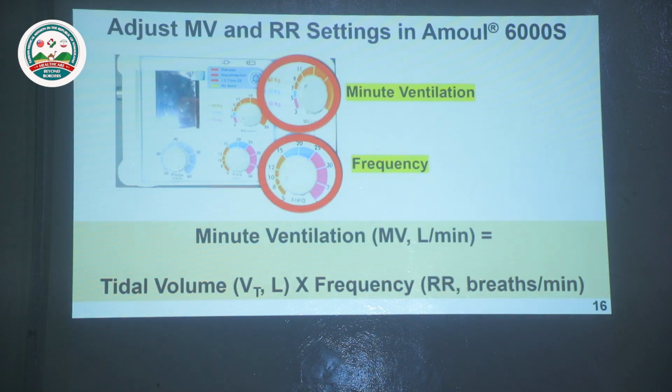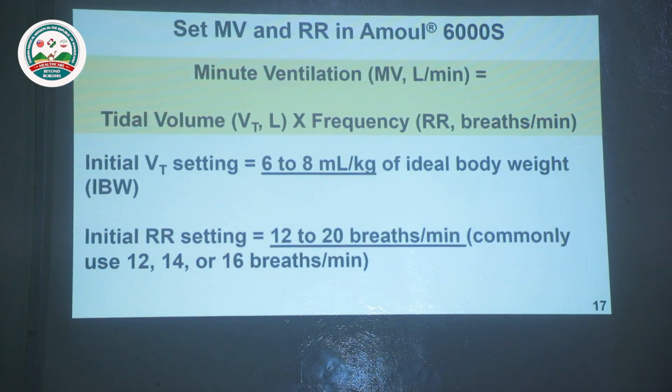Okay, so I will talk about how to do the calculation to set a specific tidal volume for the patient. For this ventilator, we need to adjust minute ventilation and frequency over here. They have one equation showing here: minute ventilation equals tidal volume times respiratory rate. Usually we set the initial tidal volume around 6 to 8 ml per kilogram of ideal body weight.